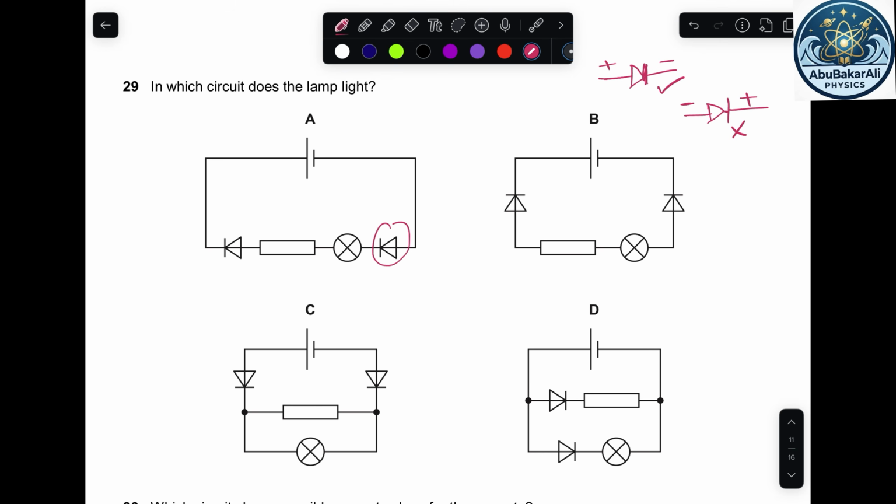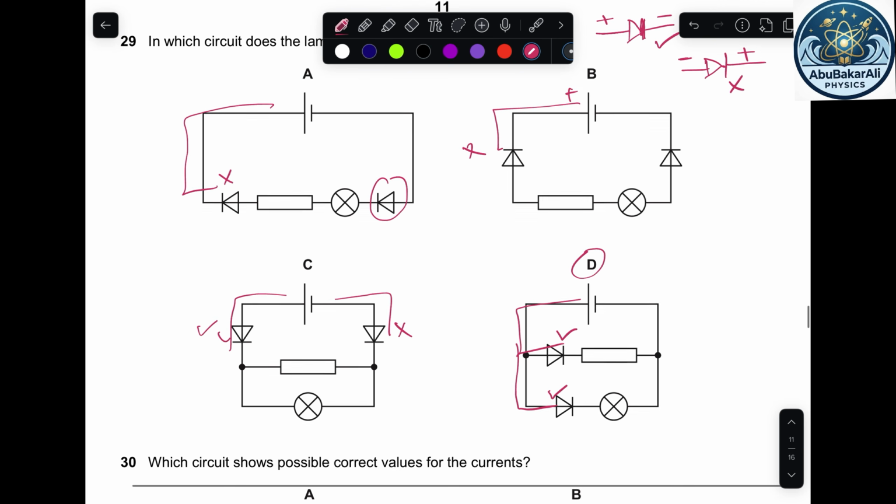Okay, so if I see this, this is reverse biased. This is also wrong, the current will not flow. There the current will flow, the current will not flow here. There the current will flow, okay, and there it will also flow. Okay, so it's option D that is correct, in which the current can flow through the lamp and the resistance as well.